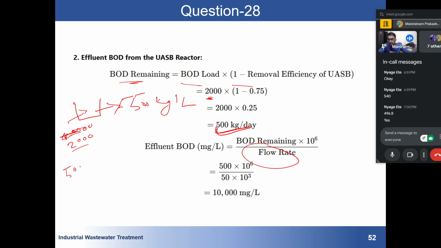It was 50 kg, so I will be multiplying it by 10 to the power 6, which is done here, and dividing by 50 meter cube, so 50 into 10 to the power 3, so finally this much milligram per liter. So 40,000 milligram per liter was the BOD coming in, but after this UASB reactor only 10,000 is coming out. The concentration has gone to 10,000 milligram per liter.